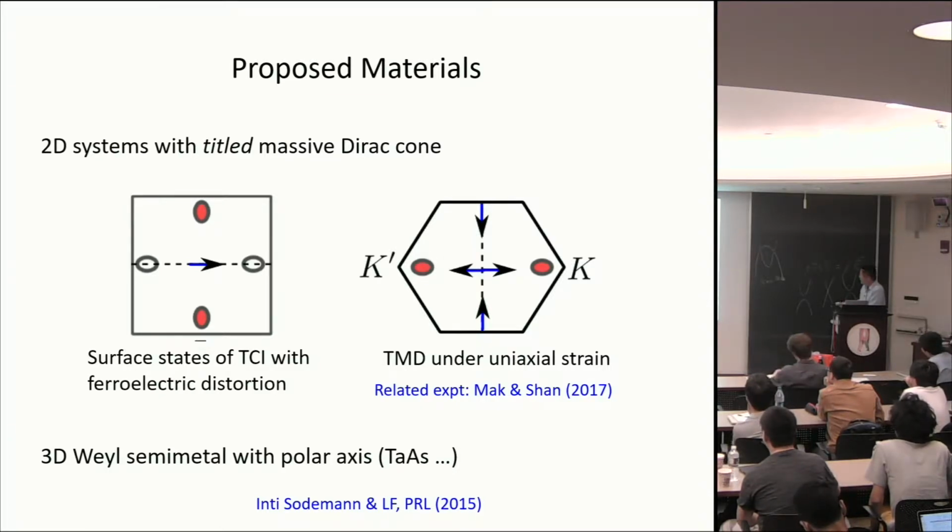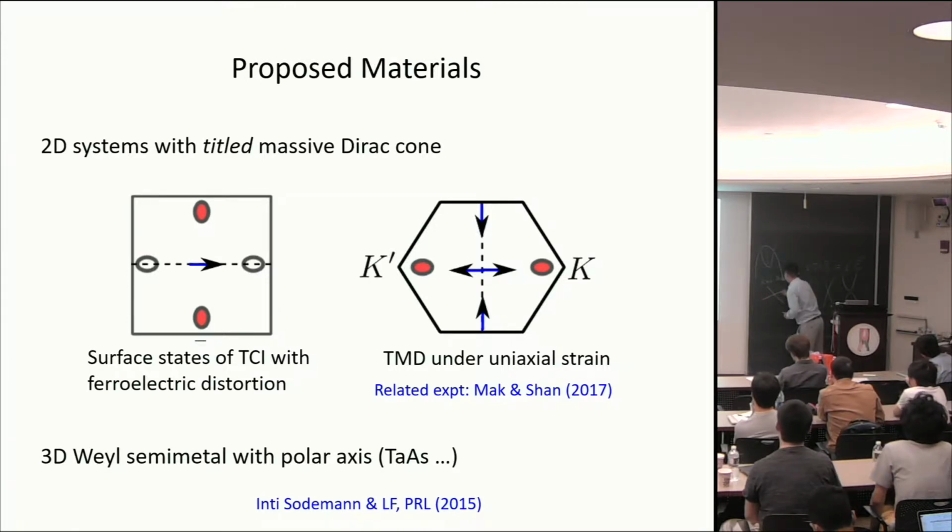So we realized that once we give the Dirac fermion a tilt, right? So instead of a dispersion like this, take the case of a tilted Dirac fermion, and then open up a gap. And this would give you a Berry curvature dipole.